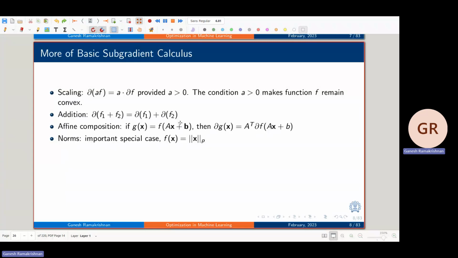Okay, so we saw this first one, which is the max, and then the simple one.